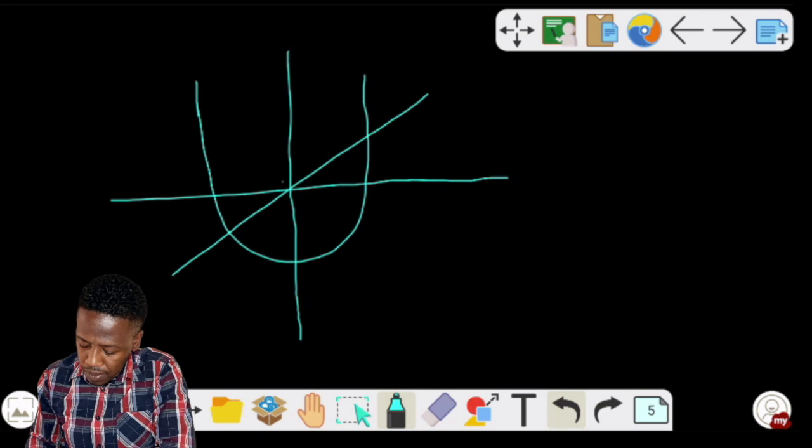You solve simultaneous equations by determining the points of intersection. Where these graphs intersect, it's how you solve simultaneous equations graphically.